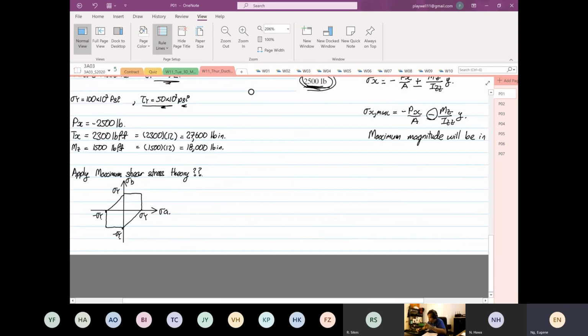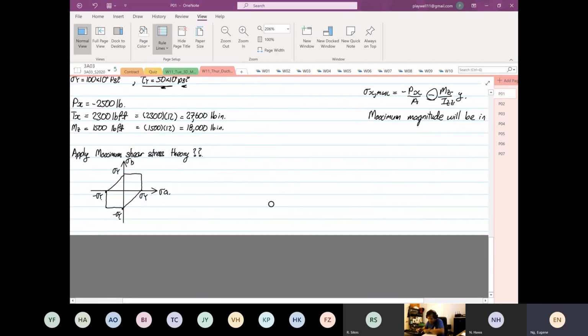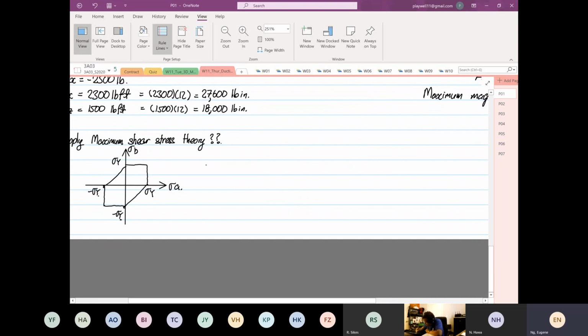Why is it possible to use maximum compression? It is because in the Tresca criterion, stress yield in tension is also equal to stress yield in compression.